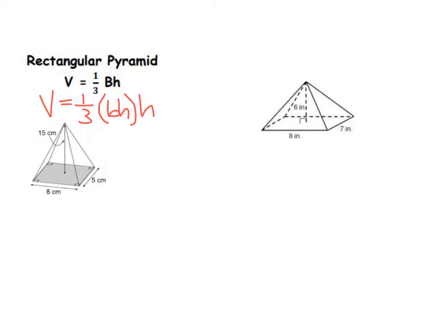Now, if you look at it, yours shows different on your paper. Mine is side by side, yours is top and bottom. So make sure you're doing that. This is the top one, the one with the 15, 8, and 5. So I'm going to go ahead and write the formula.